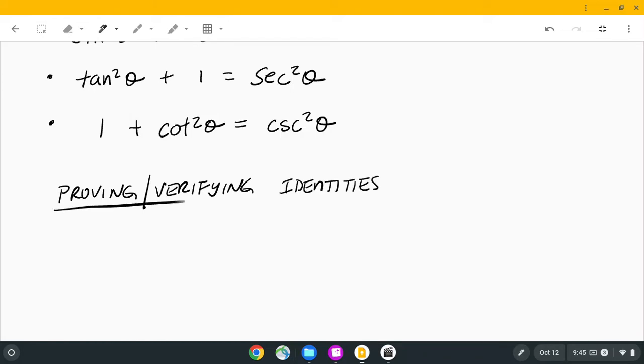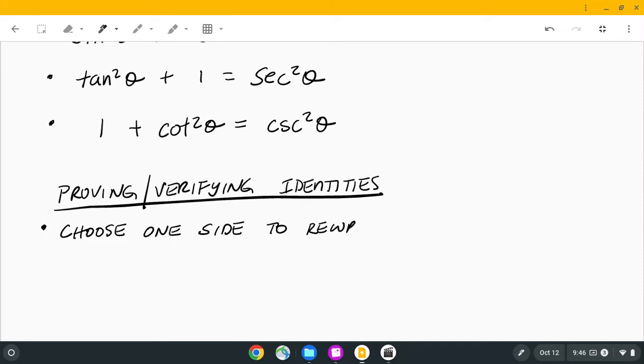We prove or verify identities. You'll be given an identity, an equation. You're going to choose one of the sides to rewrite, and usually the more complicated, more complex side.